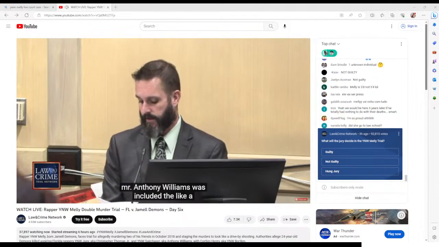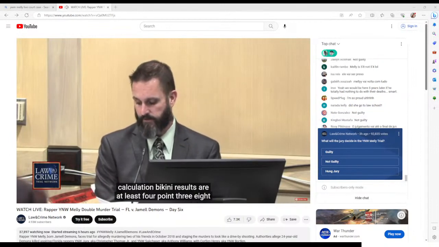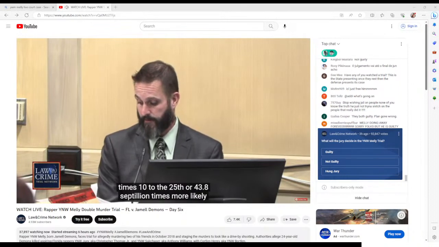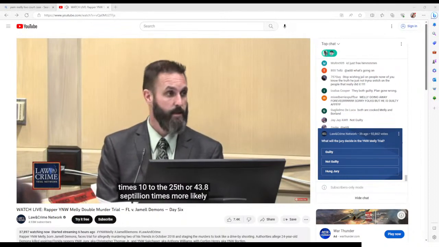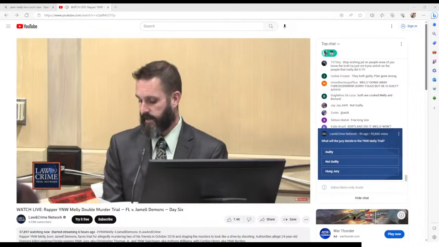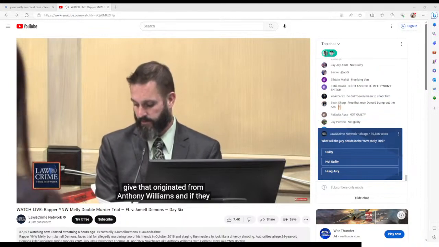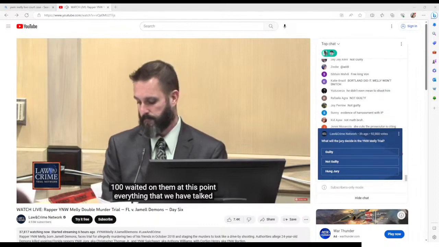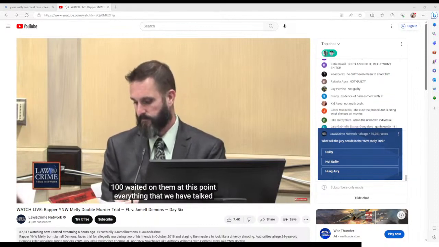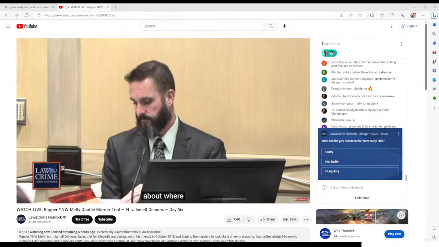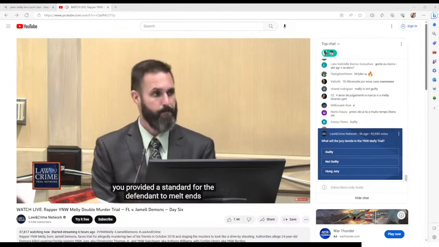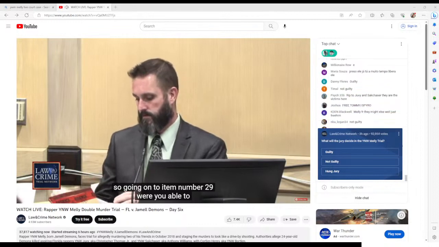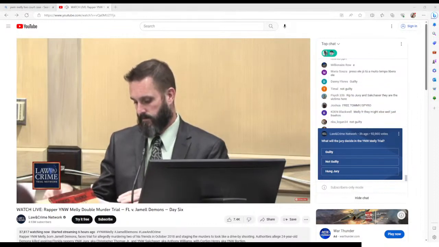The likelihood calculation, the DNA results are at least 4.38 times 10 to the 25th, or 43.8 septillion times more likely if they originated from Anthony Williams than if they originated from 1 unrelated unknown individual. At this point in everything that we have talked about, were you provided a standard for the defendant, Jamel Devins? No. So going on to item number 29, were you able to develop a DNA profile on that particular item?